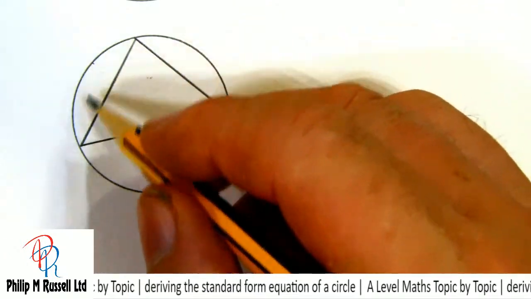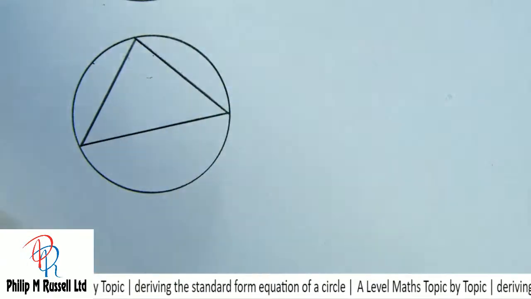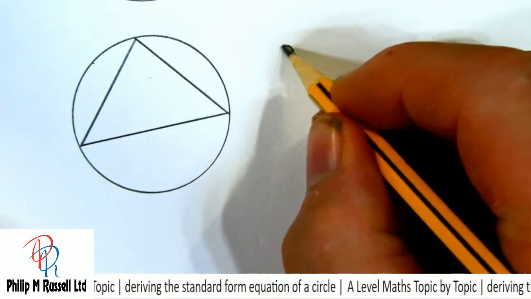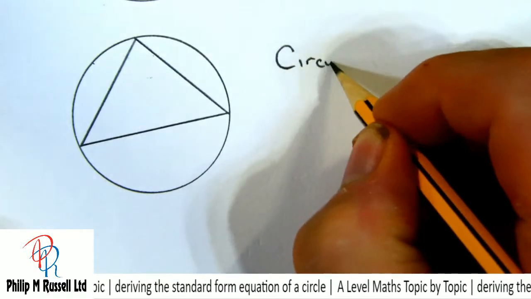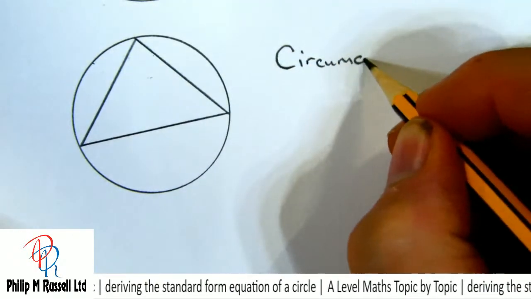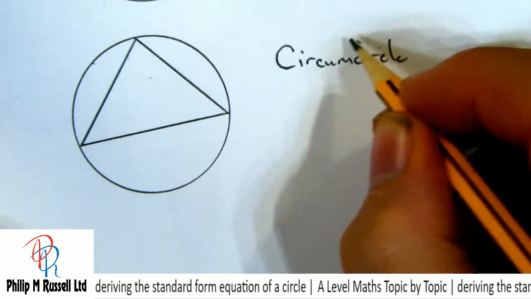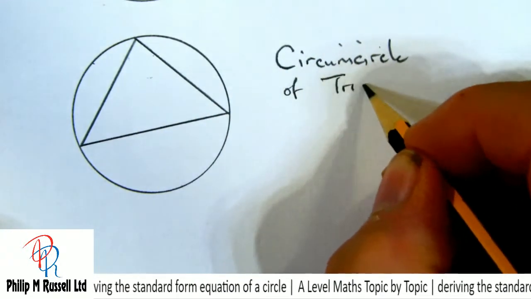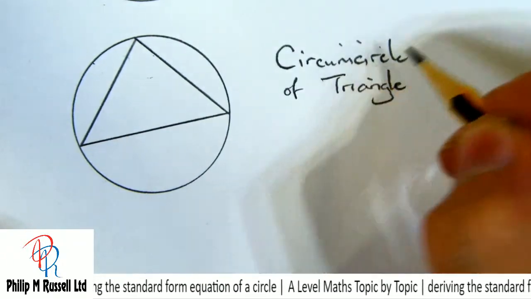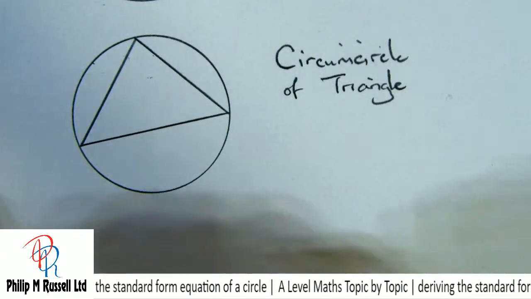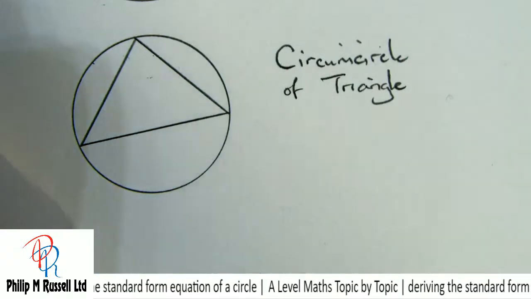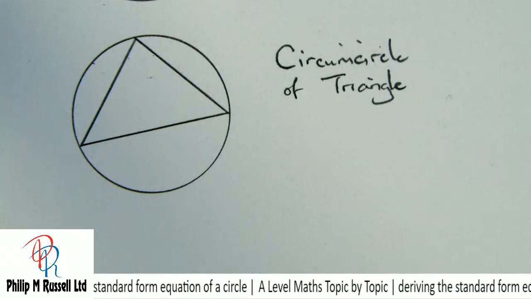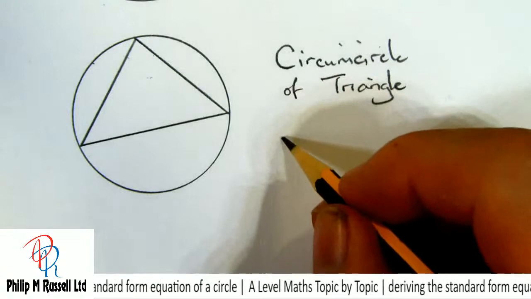This is the circumcircle of this triangle. And the center point will of course be the circumcenter.